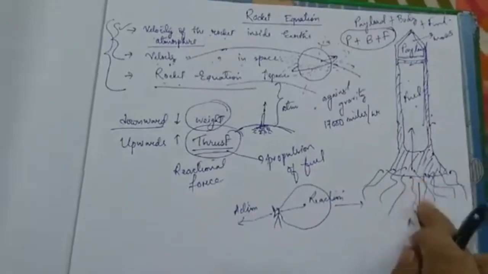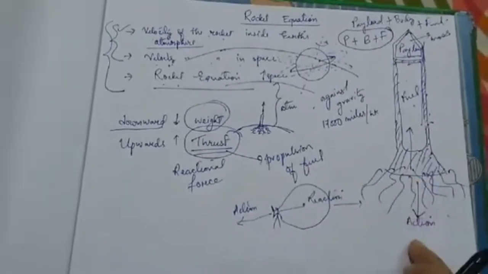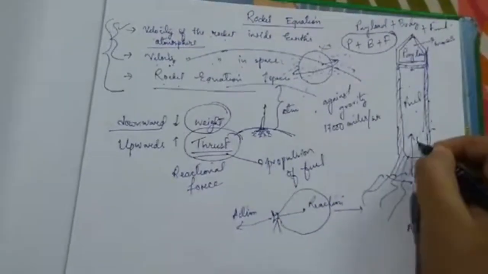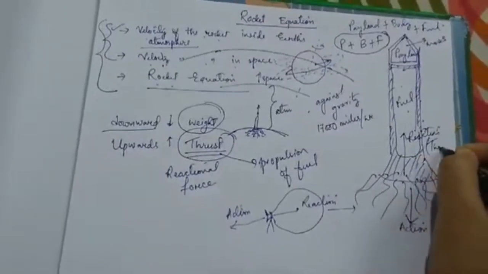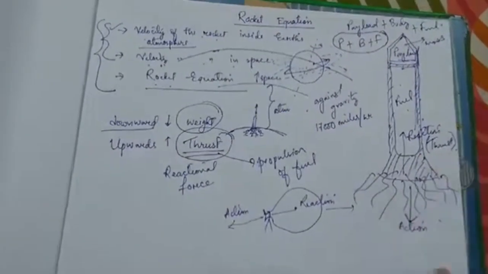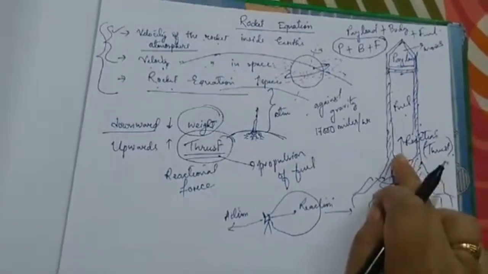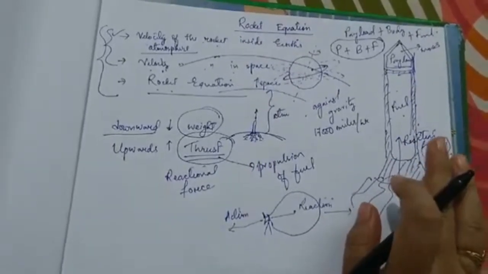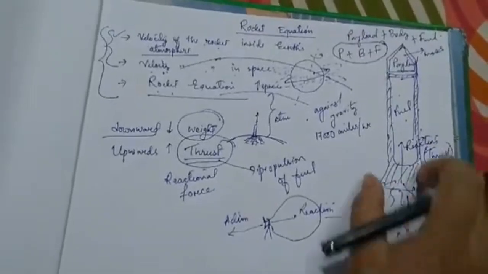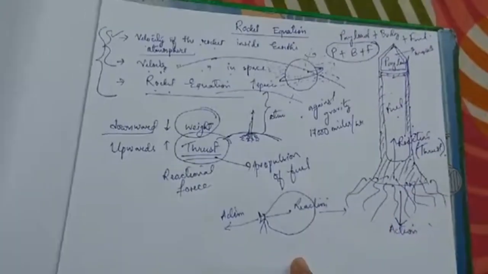Here the fuel is burned and the propulsion is in one direction, so that is the action, and this is the reaction. The reaction is nothing but the thrust. Because of this reactional force, called thrust, the rocket is moving in the upward direction.